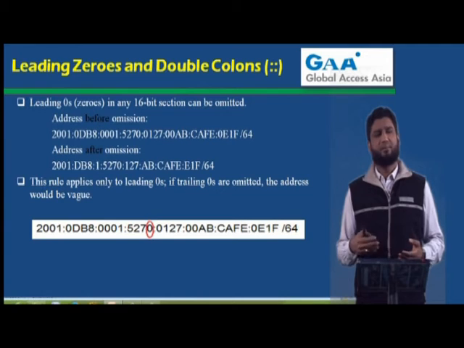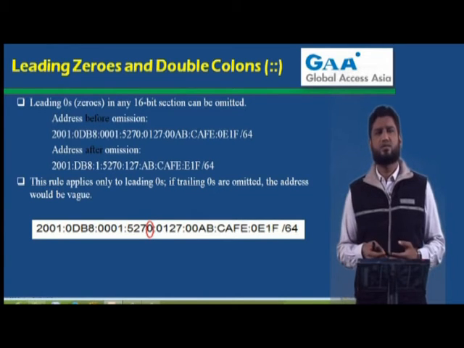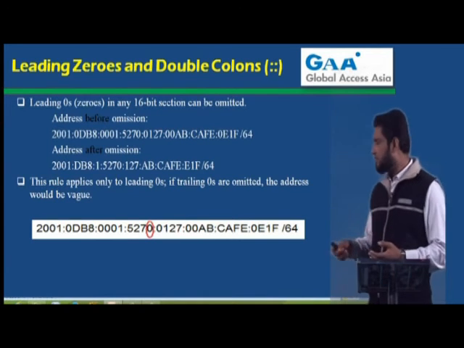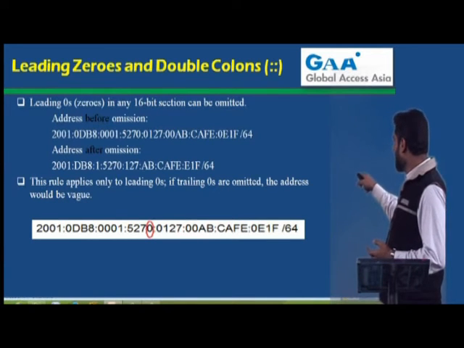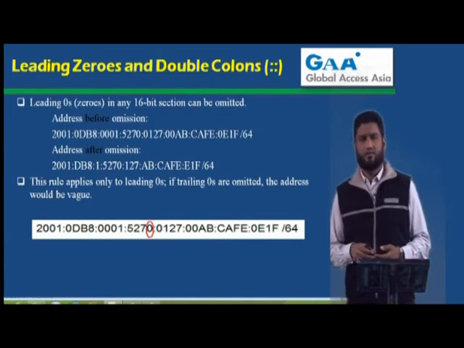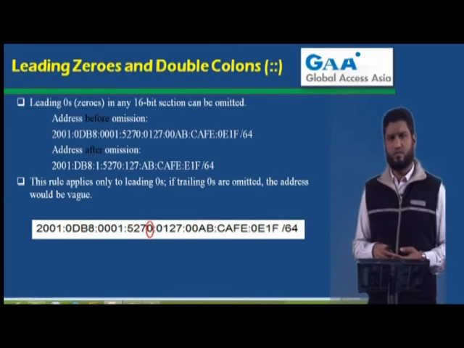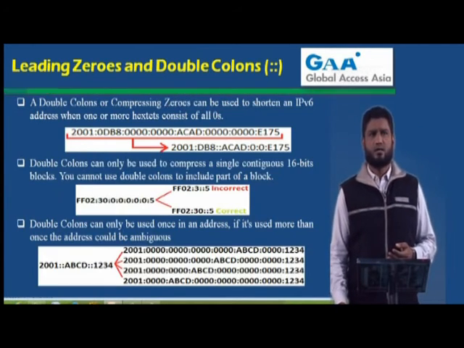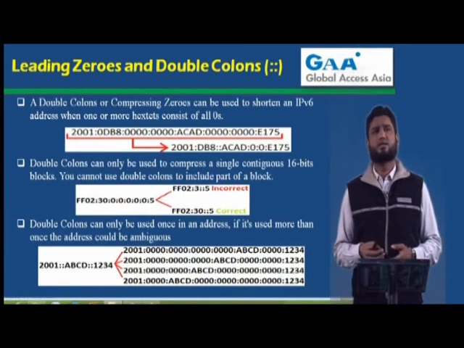So the rule applies only to leading zeros. If trailing zeros were omitted, the address would be vague. It is clearly defined here that it is not possible to omit trailing zeros from the IP address. Only leading zeros can be omitted.